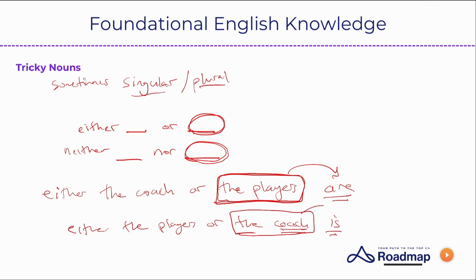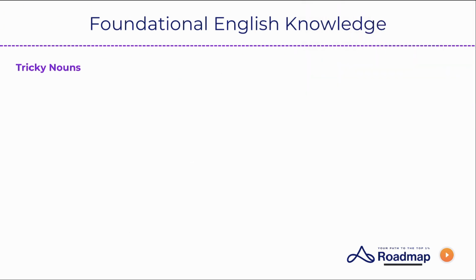Other words that really depend on the context, whether the subject is singular or plural, are words like all, some, and none. In this case, these words can be combined with a noun.